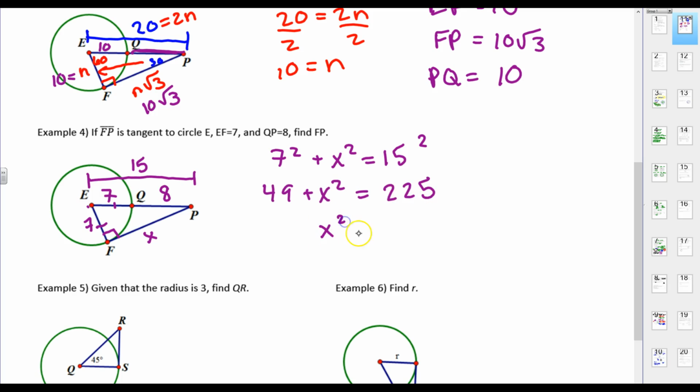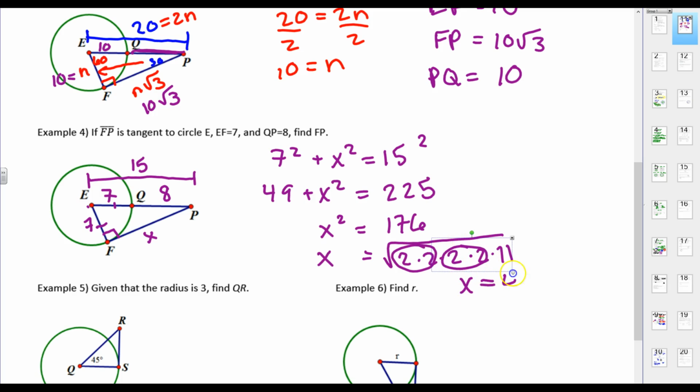So I get x squared is equal to 176 when I subtract. 176 is 2 times 2 times 2 times 2 times 11 when I factor tree it. So when I simplify this, I've got 2 pairs of 2's, so my x is equal to 4 square root 11, and that's my answer.